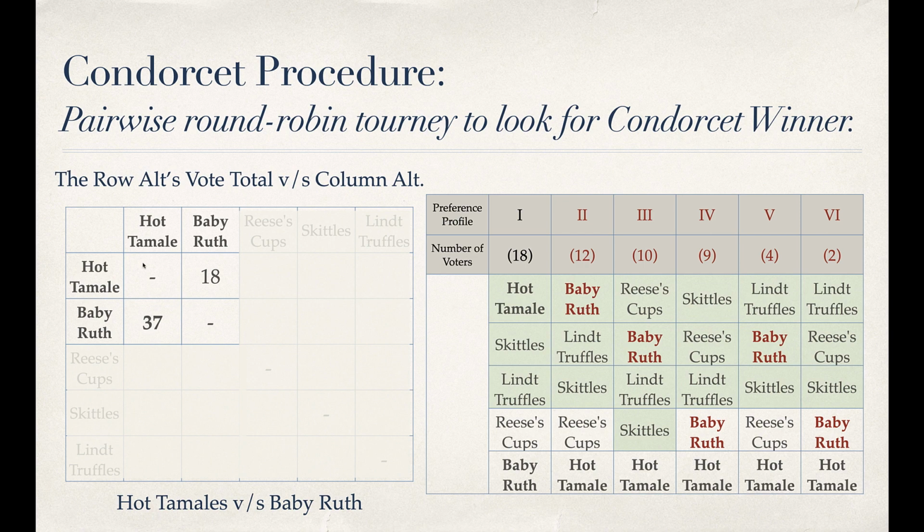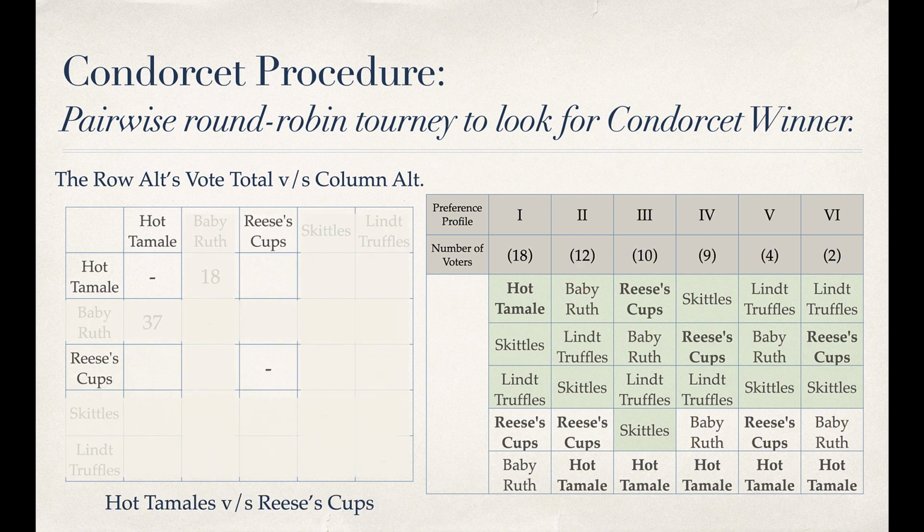So I'm just going to work our way down looking at each possible pair. And I'll know I'm done when I've filled in all of these non-diagonal cells in the matrix. Here we're doing Reese's Cups versus hot tamales. I've highlighted just hot tamales and Reese's Cups. We can see this group prefers hot tamales, and the other groups prefer Reese's Cups.